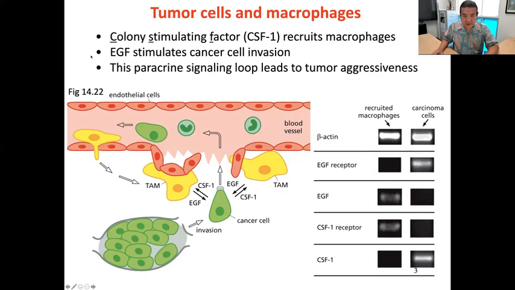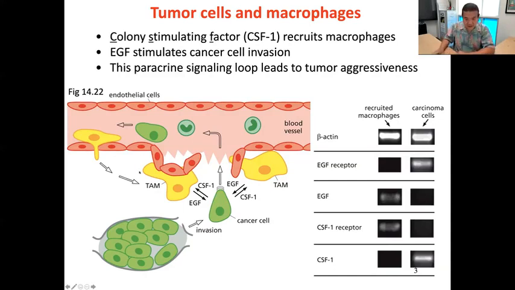At the same time, there's another important factor, the EGF, the epidermal growth factor that we examined throughout the semester when we talked about things that signal through receptor tyrosine kinases and other growth factor type of receptors. So EGF stimulates cancer cell growth and invasion. So you have one factor, the CSF, that's talking to macrophages and encouraging macrophages. You have another factor, this EGF, that if it's received by the cancer cell, will stimulate additional aggressive cancer cell activity. So this is now a loop.